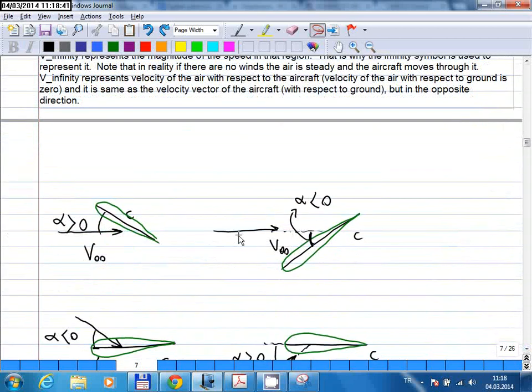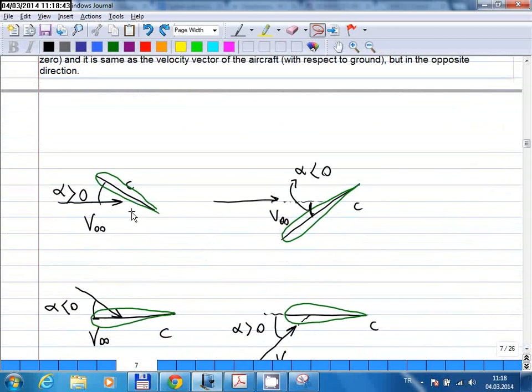Okay, so here there are some cases showing the angle of attack. Excuse the quality of the pictures. I know that the drawings are not really nice, but I guess you can understand what I'm trying to show here. So this is an airfoil, the green one, and this black line here is your chord line.